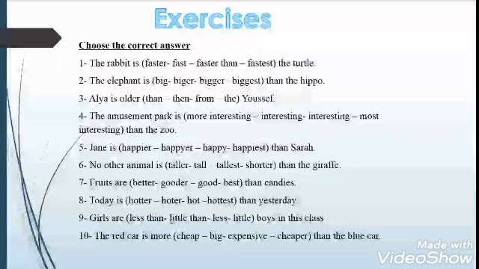Great. Okay, I have number 10. The red car is more expensive than the blue car. Here please pay attention. When I use more, do you remember, more is used with what? Long adjectives. I use more when the word is long, with more than 2 syllables.